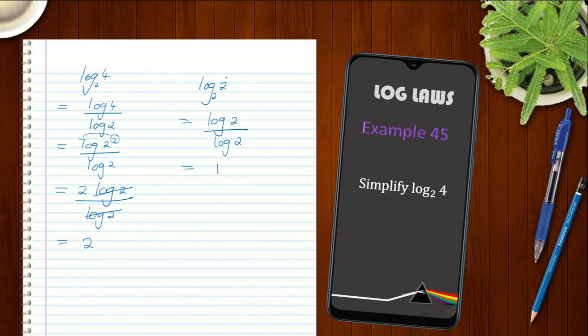So this tells us that if you have a log and the base is the same value as the numerical value, this is just equal to 1. So for reference for the rest of this video, if I ever get this, I'm just going to say it's equal to 1. I'm not going to write it as log 2 over log 2 and then cancel and then 1. So this is where it comes from. Same base, same numerical value, so it is equal to 1.